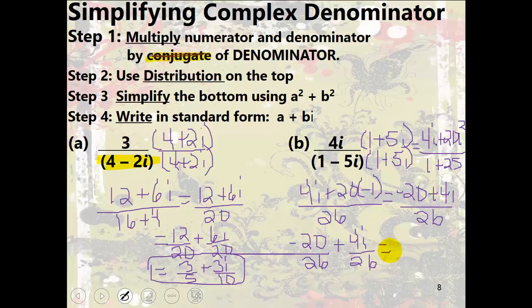This first one, I'm going to divide both of them by 2, and I get -10 over 13. And then I'm going to simplify the 4 and the 26 by 2 as well, 2i over 13. And so I end up with -10 plus 2i over 13. Either of those answers would be appropriate. -10 over 13 plus 2i over 13. That would be appropriate.